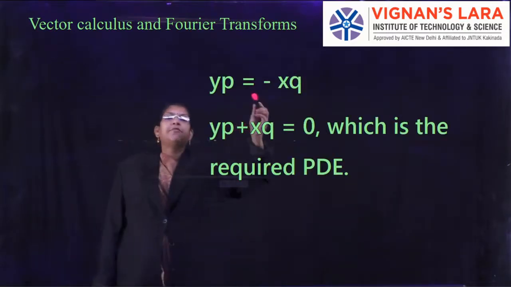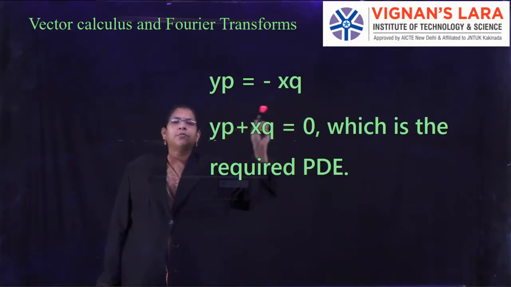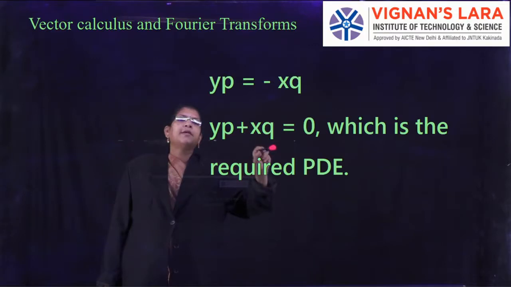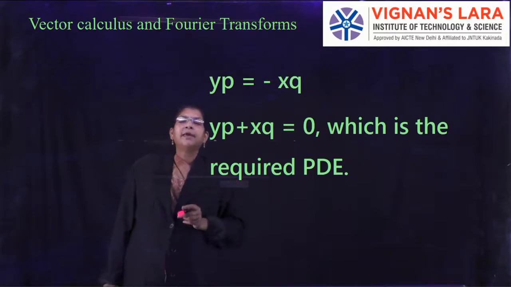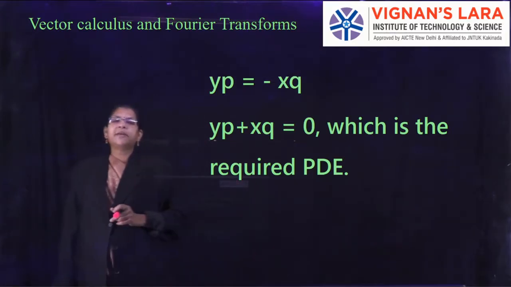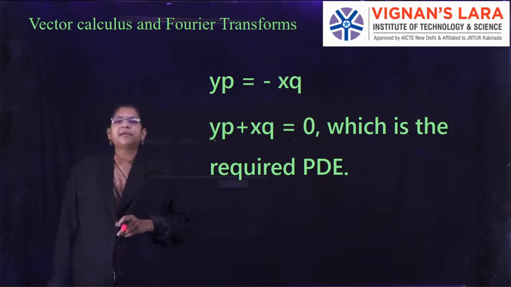If you cross multiply, yp equal to minus xq. Therefore, yp plus xq equal to 0, which is the required partial differential equation. So we have eliminated the function f and formed the required partial differential equation.